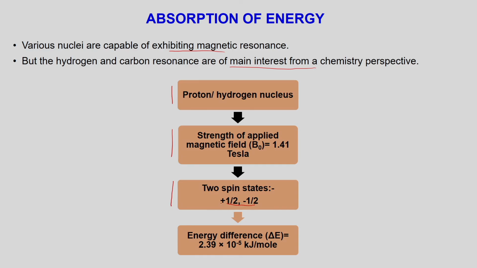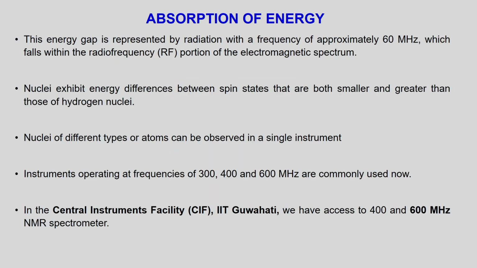The energy difference between those states is given as delta E equal to 2.39 times 10 to the power of minus 4 kilojoule per mole. This energy gap is represented by a radiation with a frequency of 60 megahertz. So, kindly note the 60 megahertz resonance. This actually falls in the radio frequency portion of the electromagnetic spectrum.